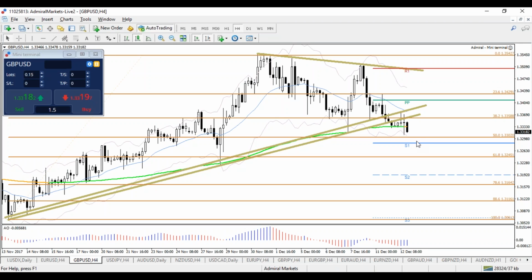If it bounces at the 50 fib here and the S1, bullish candlestick pattern perhaps in the support zone. But targeting nothing special, because this could really go sideways for tomorrow and until Thursday's decision with the pound, interest rate with the Bank of England.